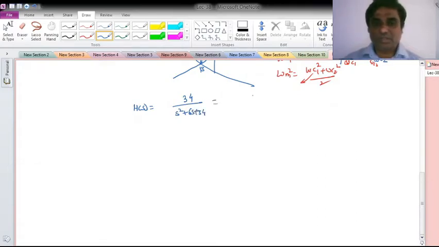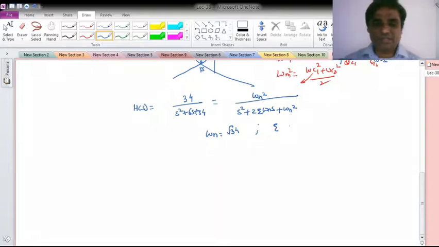This is again equal to our required form, omega n square over s square plus 2 zeta omega n s plus omega n square. First I will find out the undamped natural frequency. It will be square root of 34. And I would like to know what zeta is.